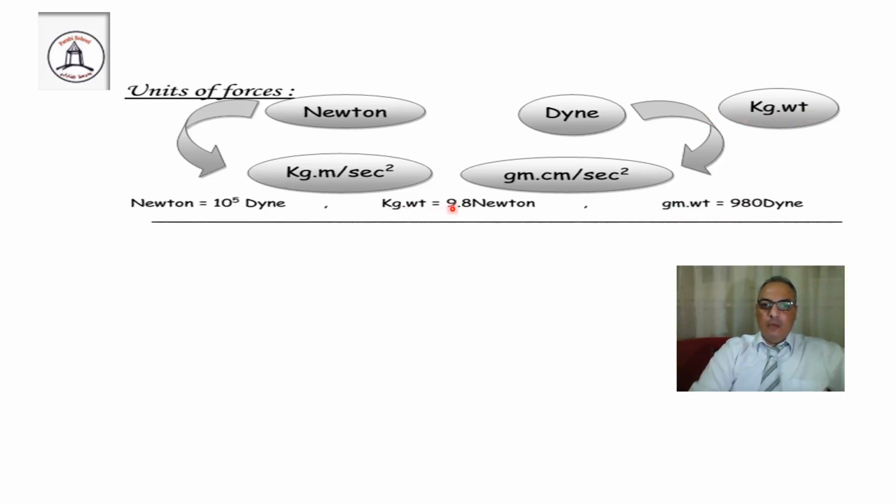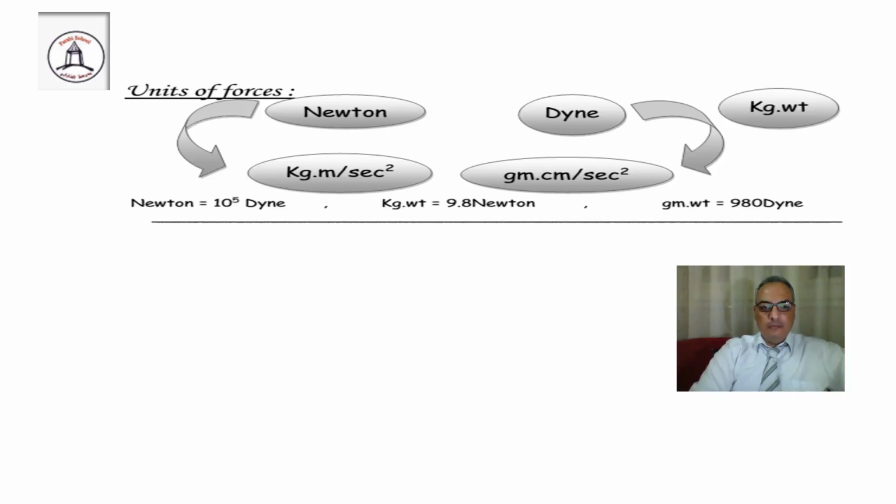Kilogram weight equals 9.8 Newton. Gram weight equals 980 dyne. To convert from kilogram weight to Newton, multiply by 9.8. To convert from gram weight to dyne, multiply by 980.